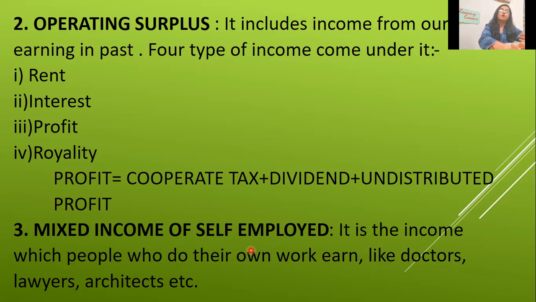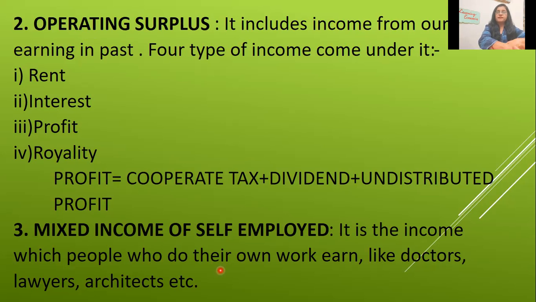If I'm a doctor, I own my own clinic. And a simple cobbler who is repairing your shoes, their income is included in mixed income of self-employed because they are self-employed people. They are doing their own work and they are charging some fee or some money and they are getting income.